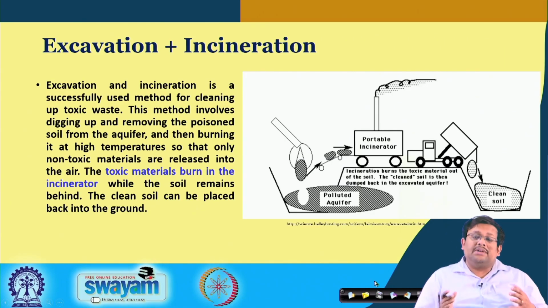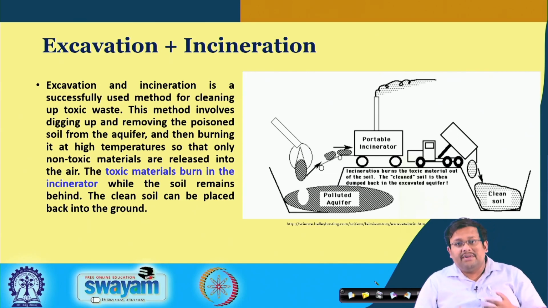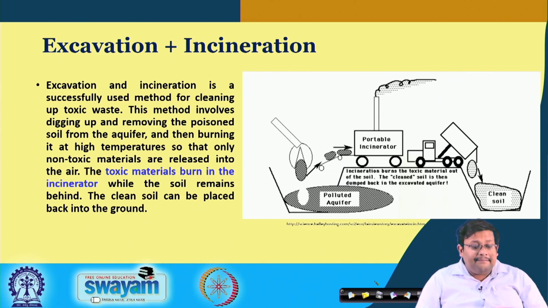So, we have talked about excavation, we have talked about thermal treatment or incineration. Sometimes both excavation and incineration are operated simultaneously for treating the soil. Remember that excavation and incineration is a successfully used method for cleaning up toxic waste.